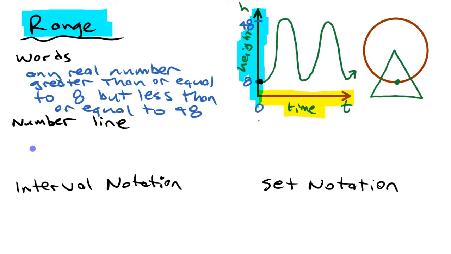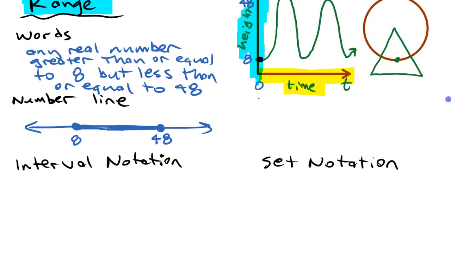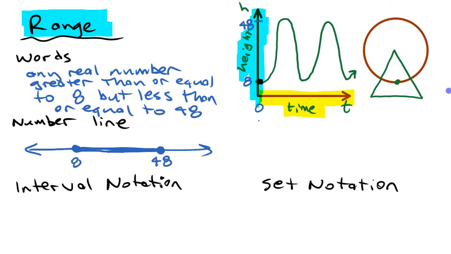On a number line, if you draw a really quick number line here, 8 is here. It includes 8, so you put a solid dot. It includes 48, so you put a solid dot and fill it in. If it didn't include the endpoints, you would just put hollow dots there. If you're doing interval notation, you're including the 8 and the 48, so you put square bracket, start point, end point, square bracket, saying it includes it. Square bracket is the same as a solid filled-in dot, okay?